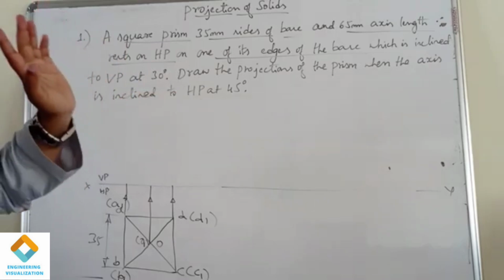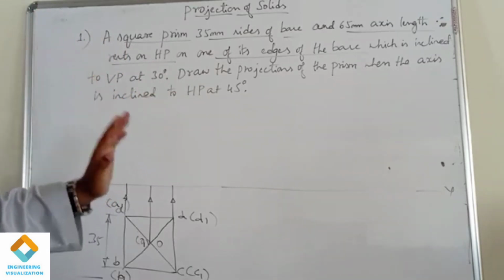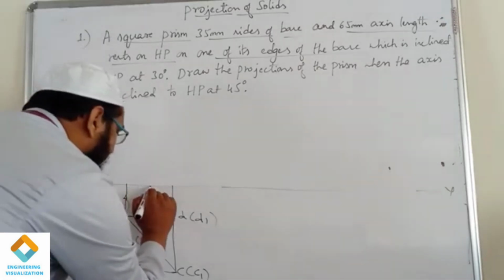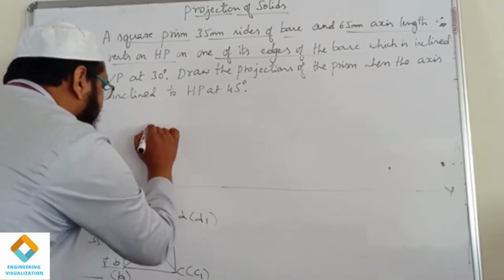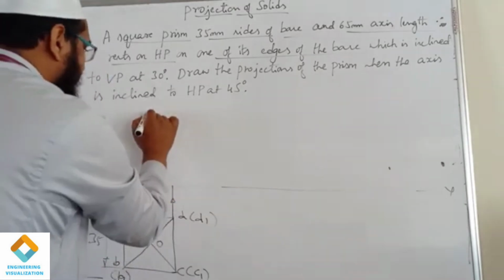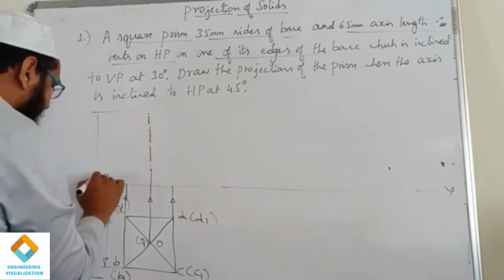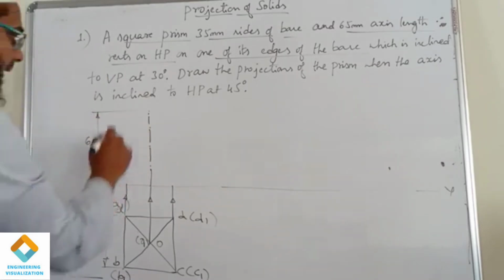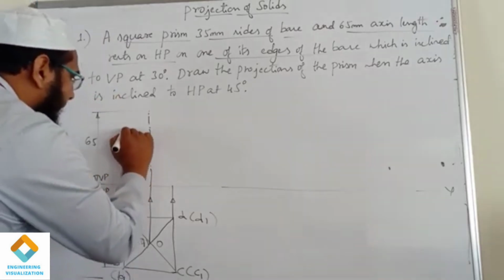So remember it, the front view of a prism in the first position is always a rectangle. So first I am drawing an axis line here of dimension 65. Using this axis length, I am going to construct the rectangle.